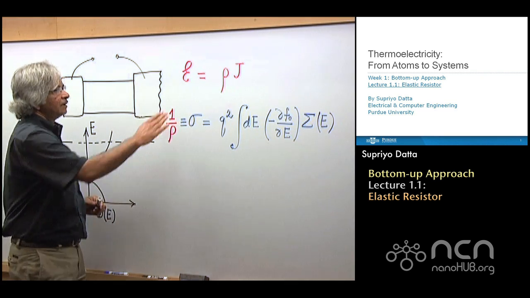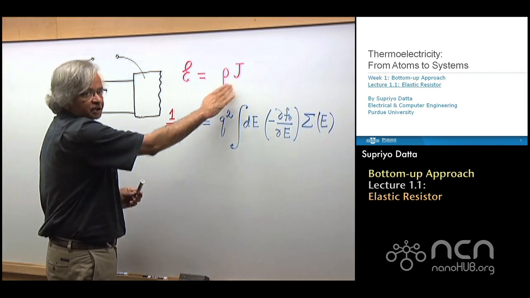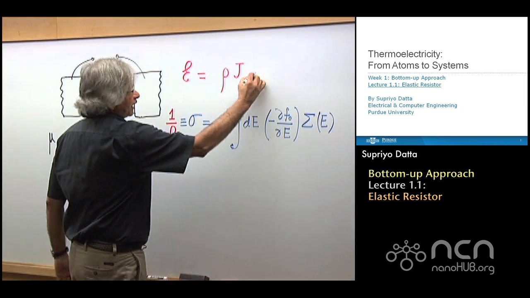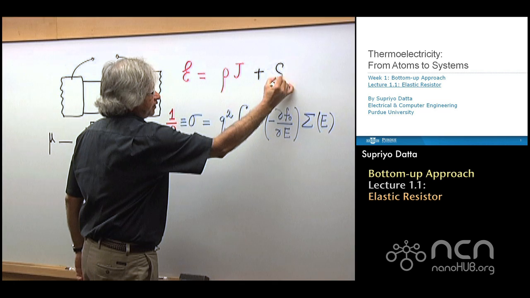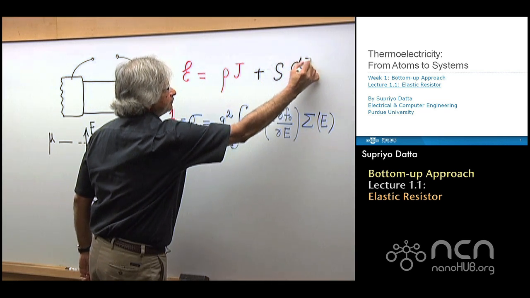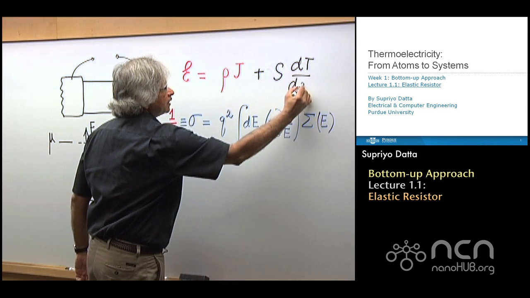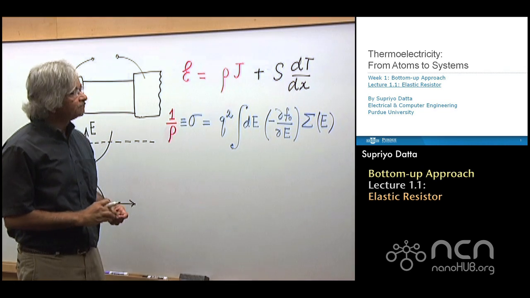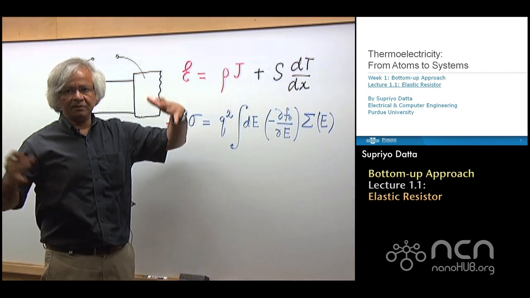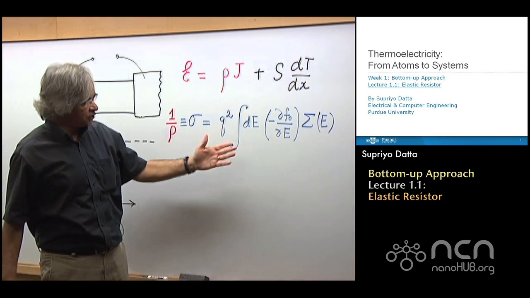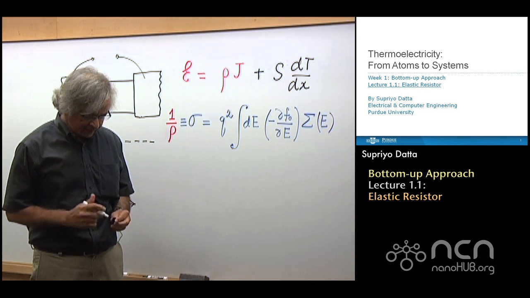So for example, E equals rho J, and then one would add something related to the temperature gradient. I'm just writing this in one dimension, and that is what you'd call the Seebeck coefficient, and for that also there would be similar expressions.